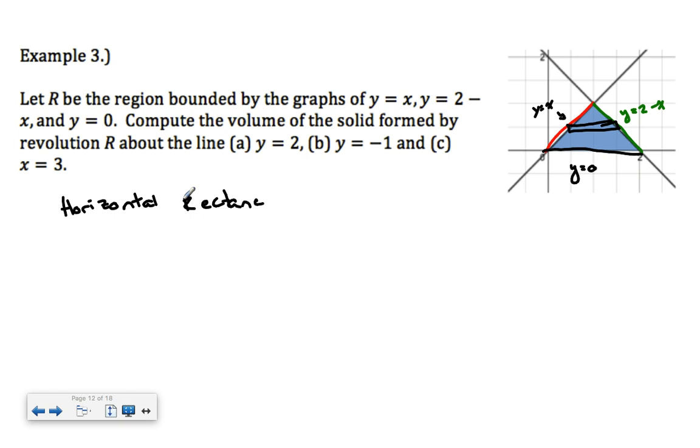What I can tell you is that the limits of integration will be the same for each one of these since we're using a horizontal rectangle. But in order to use a horizontal rectangle, I have to solve for x and then find new limits.